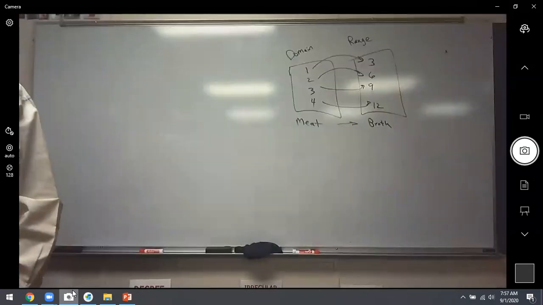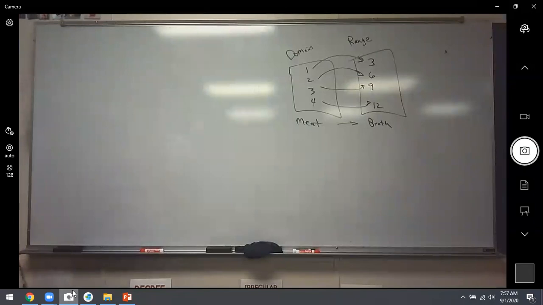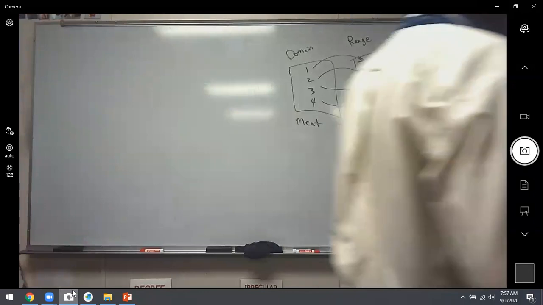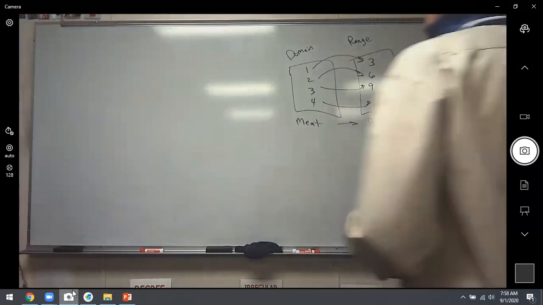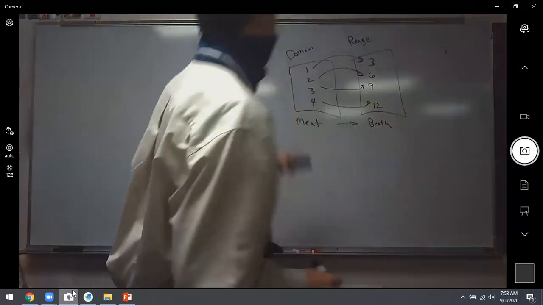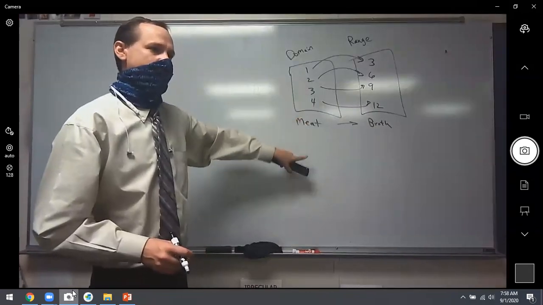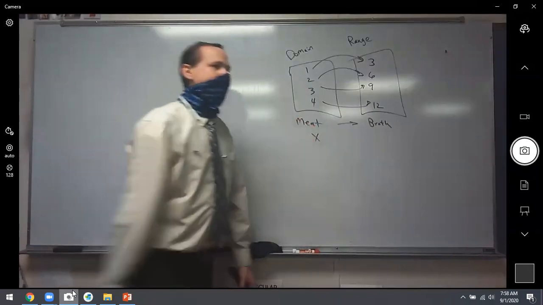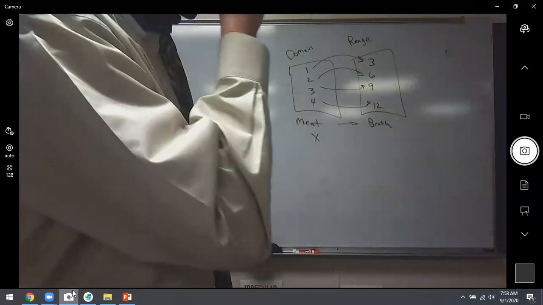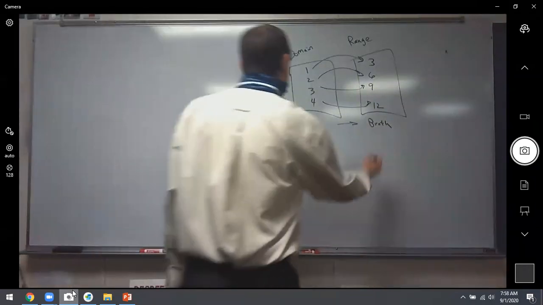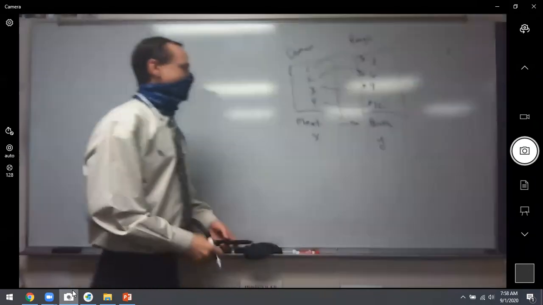Okay, sounds good. Number 2. Let's see what that is. Write a function to represent the situation where x is the number of cups of meat. This is the meat right here, right? So here's x. And y is the number of cups of broth. What did you do with every single number that I gave you?